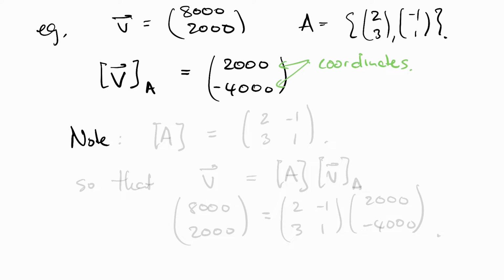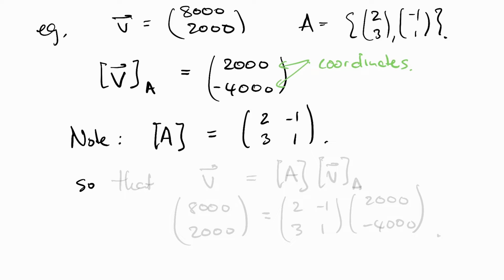Note, here's some new notation I'm going to give you. If A is the set of vectors (2, 3), (-1, 1), the square bracket A is going to be the matrix where those vectors appear as the columns in the correct order.